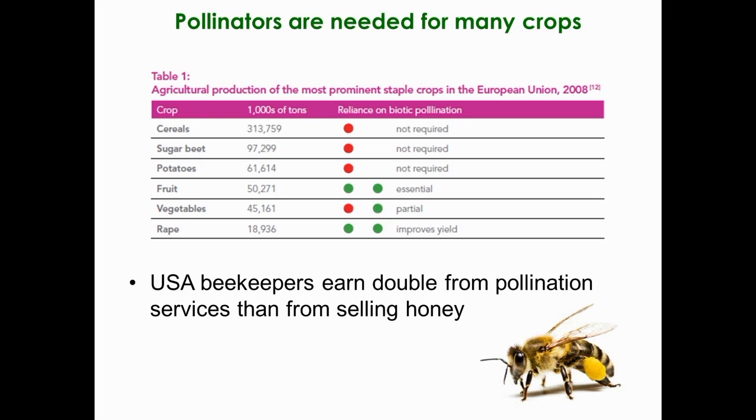So, for example, in the US, in California, a lot of beekeepers move down at the time when, for example, the almond crop needs to be pollinated.